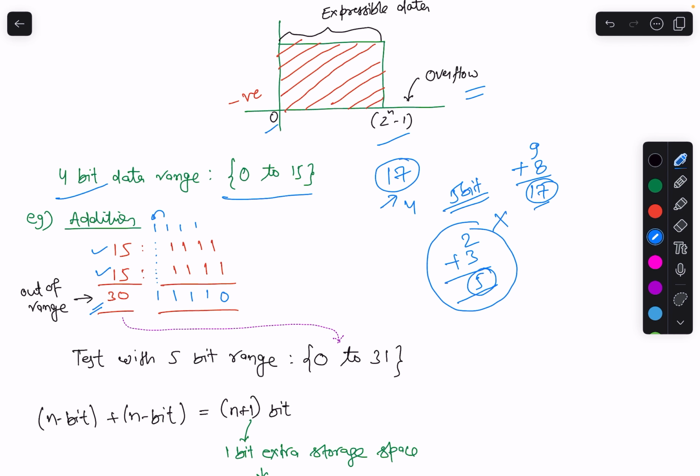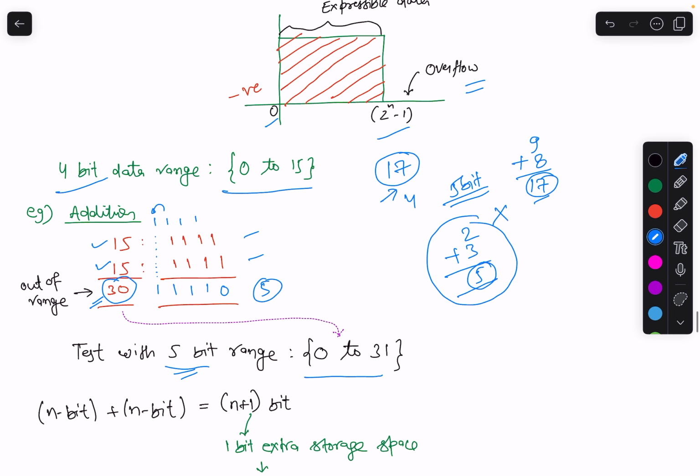If we test in the 5-bit range, in 5 bits we can store 0 to 31, which means we can store 30 in 5 bits. So if we add two n-bit numbers, we need n plus 1 bits for the result. Here we are adding two 4-bit numbers, but we need 5 bits to store the result.